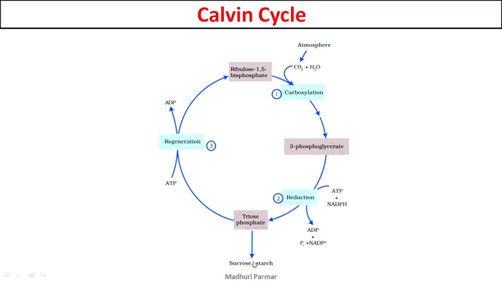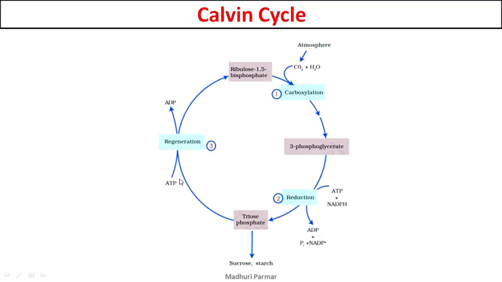Now the third step is called regeneration. 2 molecules of phosphoglyceraldehyde will go for synthesis of sugar, but 10 molecules of phosphoglyceraldehyde will go and make 6 molecules of ribulose phosphate. At the starting, we have ribulose bisphosphate.